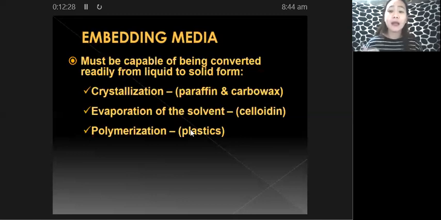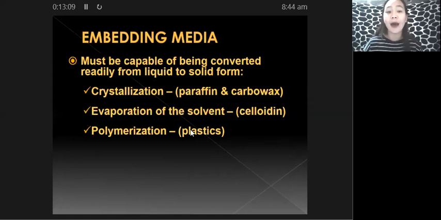Depending upon the media that we are using for infiltration and embedding, there are several mechanisms of solidification involved. The first is crystallization, which is the mechanism of solidification of your paraffin and your carbowax media. Another is the evaporation of your solvent, which is seen in your celloidine or collodion.